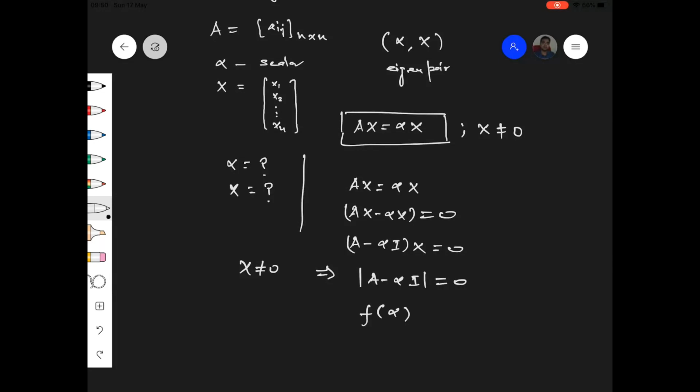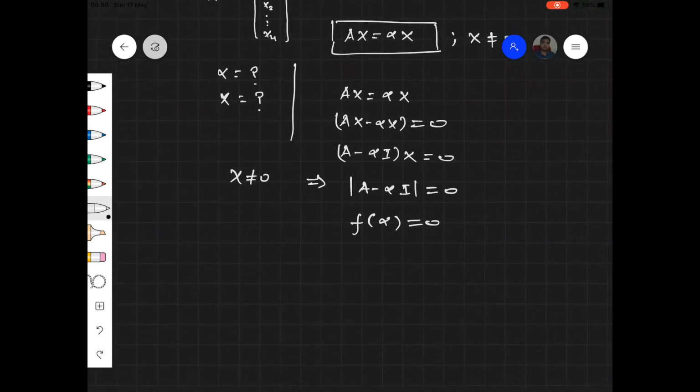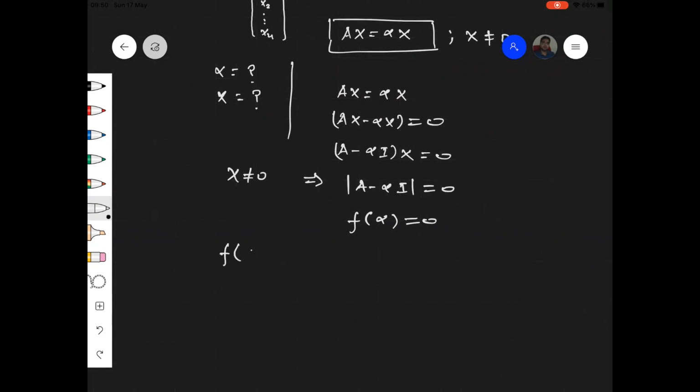And the determinant of A minus alpha I is actually f of alpha, and it is called the characteristic polynomial. And if we write this in the form of an equation, then it is called f of alpha equals 0, which is the characteristic equation.